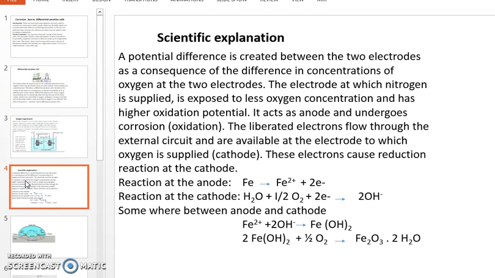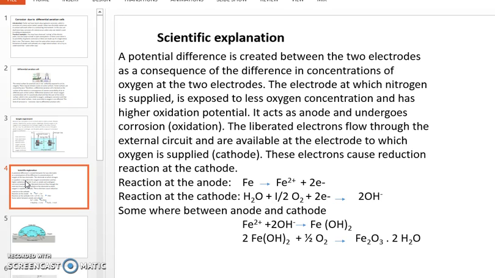If you see the electrochemical reactions, because even corrosion due to differential aeration cells also is an electrochemical process, there will be a reaction at anode, there will be a reaction at cathode. At anode, iron undergoes oxidation to give you ferrous ions and 2 electrons. And at cathode, water molecules, the dissolved oxygen and these two electrons combine to give you hydroxyl ions.